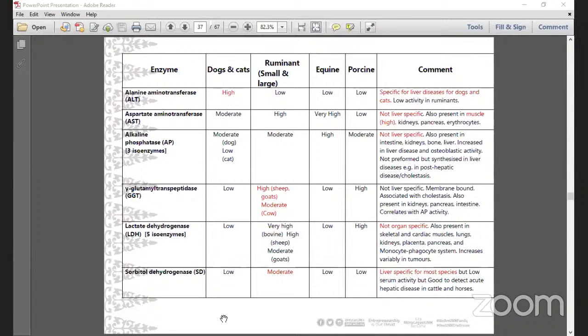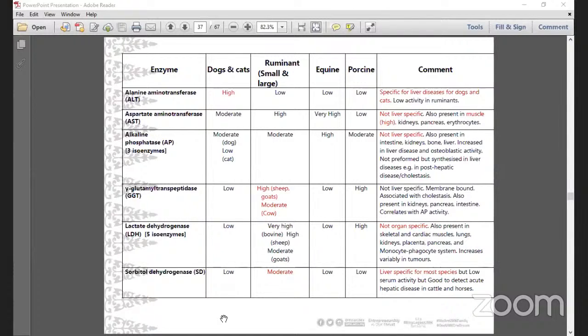Ruminant animals like bovine, like cattle, contain high LDH, but again LDH is not organ specific because it is also present in other organs like muscle, lung, kidney, placenta, pancreas, and others. And the last one is sorbitol dehydrogenase. It is moderately available in ruminants.